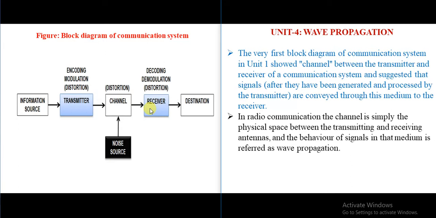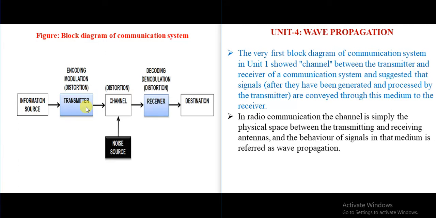Now again, what is the meaning of antenna? An antenna is a device made of a single conductor or a group of conductors, which is capable of transmitting the information in space.